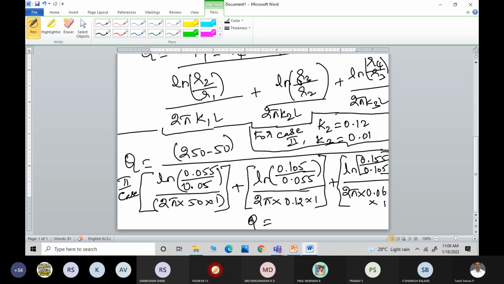Yes, sir, I need to put it in the calculator. That's right, but you have the first resistance; only the second and third resistances change.